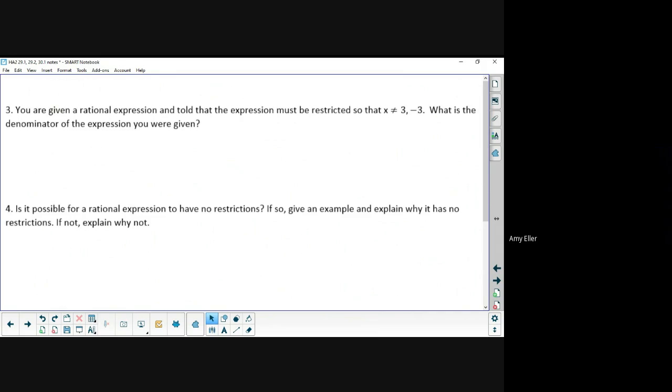So it's a tiny bit of a thinking question. Read 3 and write your answer in standard form. Give it a minute. Read 3. Write your answer in standard form.